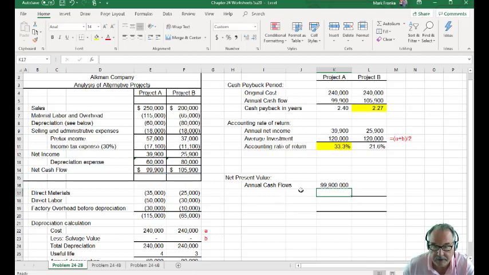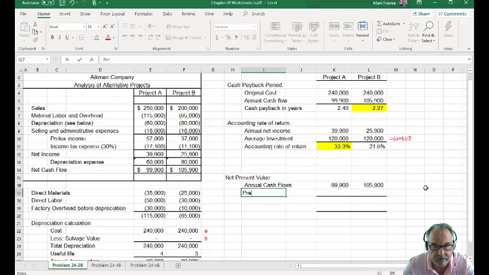Again, 99.9, and 105.9 for project B. The present value factor at 8%.